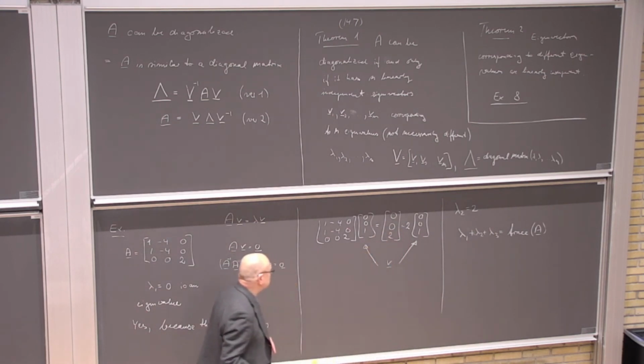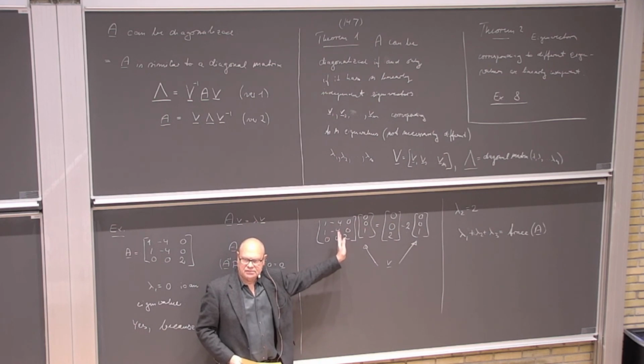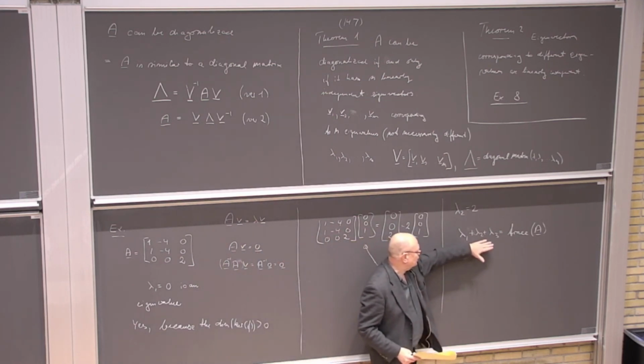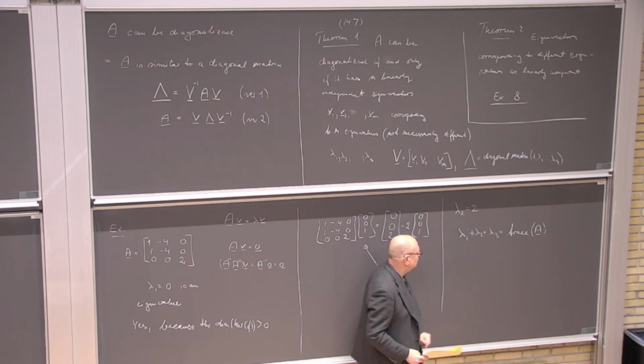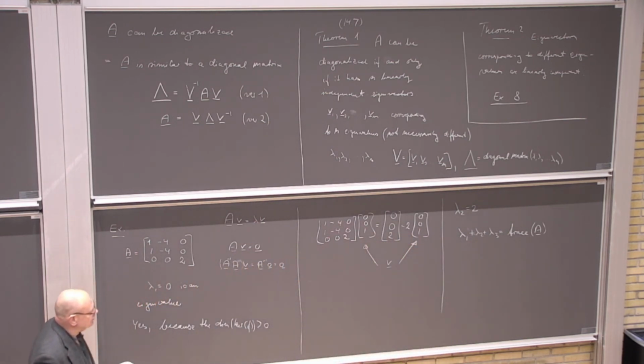The trace is the sum of the diagonal elements in a matrix. So this is a general identity for eigenvalues of a matrix. So the sum of the eigenvalues is equal to the trace of the matrix.